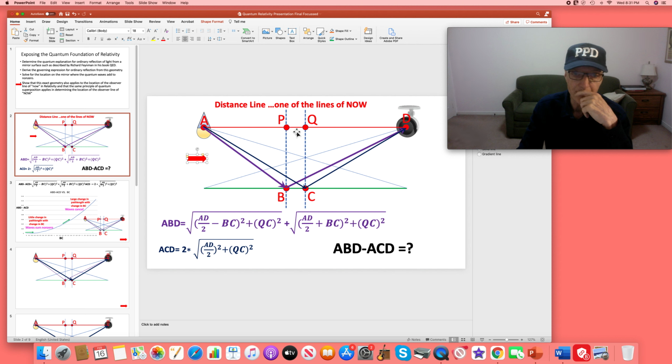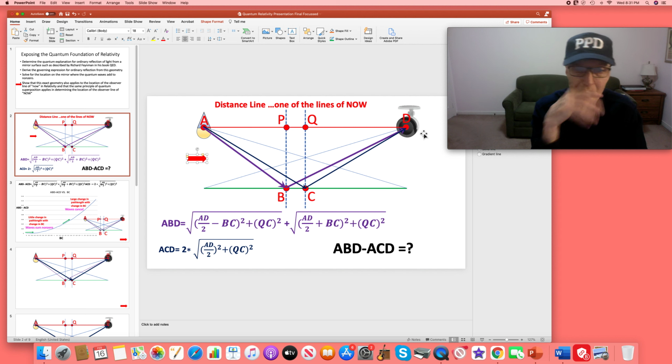QC is the same as PB, so that gives you PB plus A squared plus AP squared, and that's going to give you the first half, AB. Then you still have to get from BD, which is another triangle, so we do that here, and it's a square root to get the diagonal. Like I said, I don't want to get into all this, you'll go to sleep. But that's all I'm doing, and if you are truly interested, go through this, it's very, very simple.